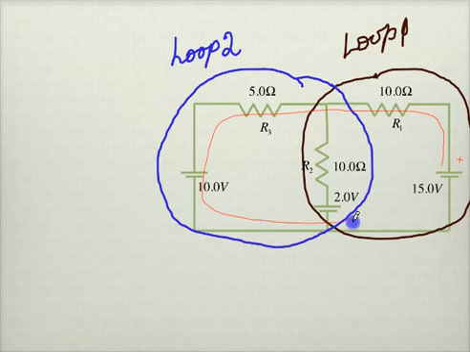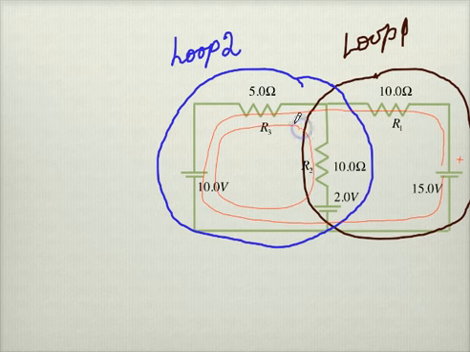And I looked at the total one, and then at this one separately. That was not right. So here we have loop 1, that's the right loop, and loop 2, that's this one.